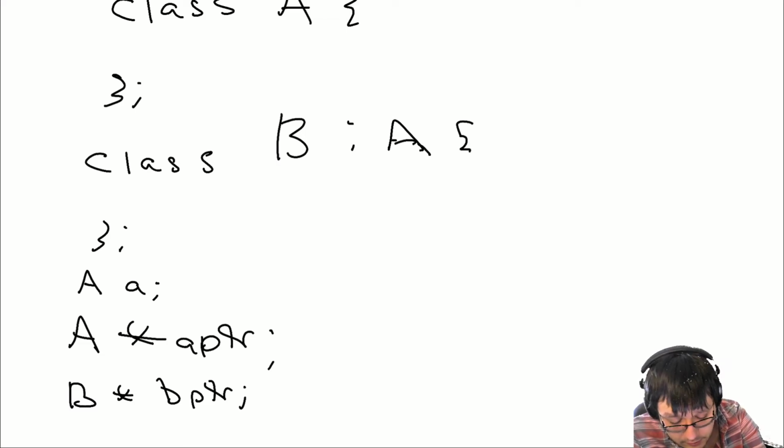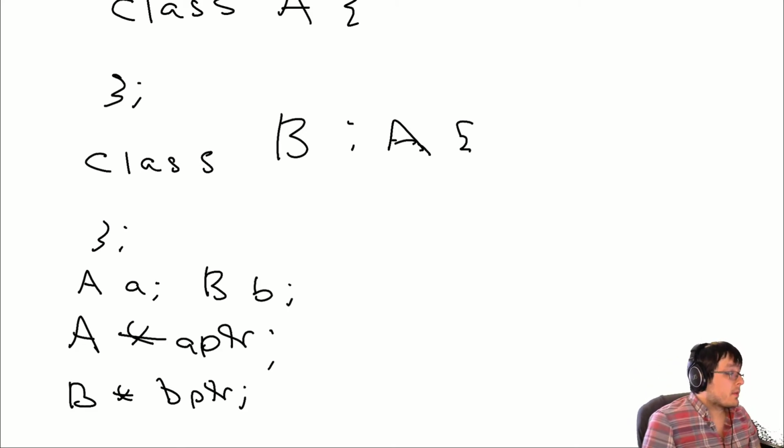Which can be done either using a pointer or just like static objects, right? Like that, okay? So A is an object of A, B is an object of B, APTR is a pointer of type A, or we call it an A pointer, and BPTR is a B pointer, okay?